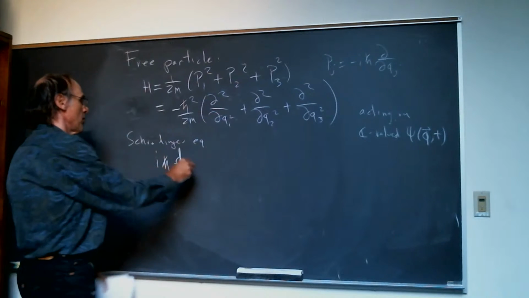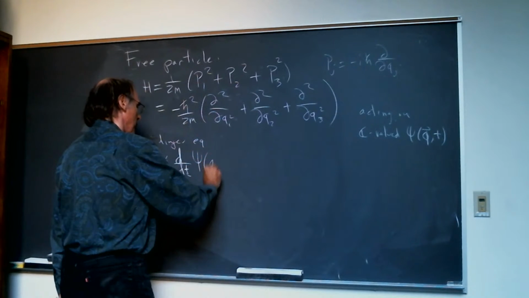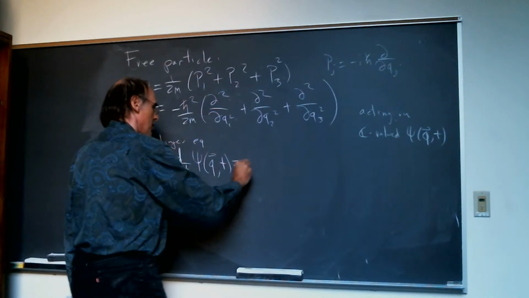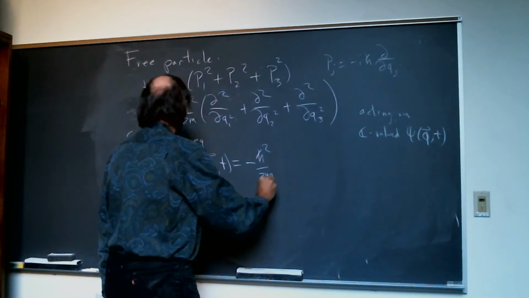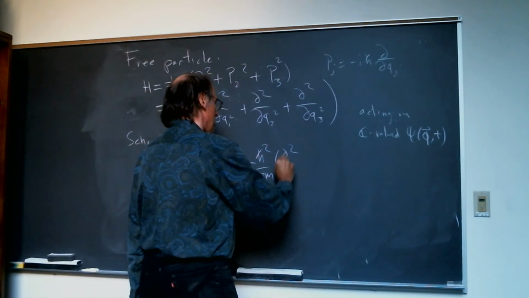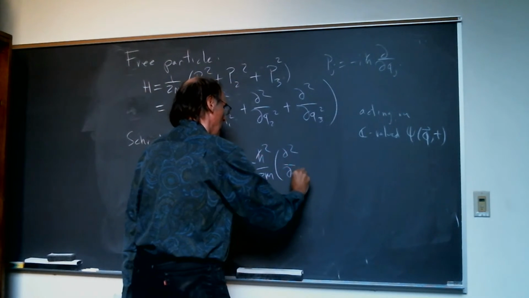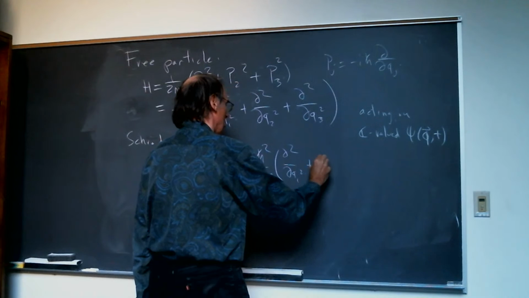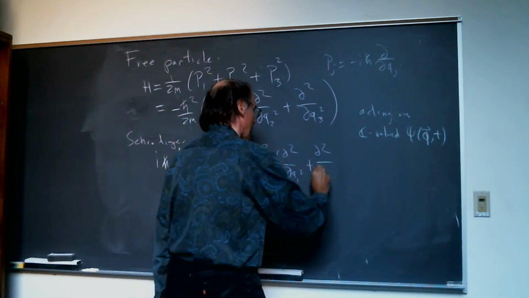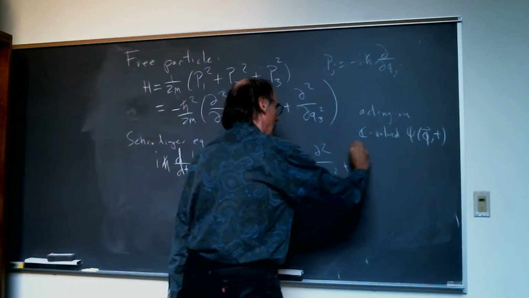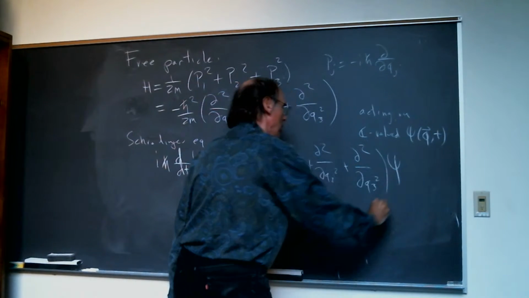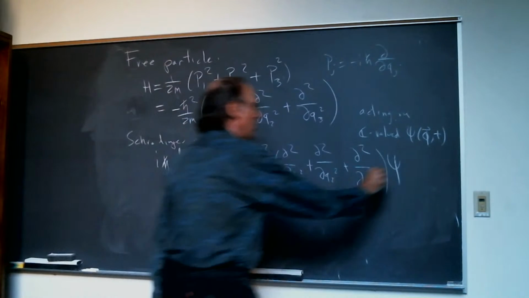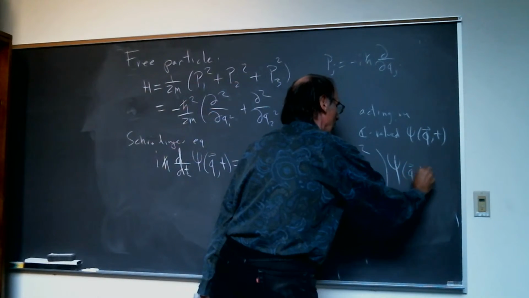So i h bar d psi/dt of Q vector and T is minus h bar squared over 2m times d squared/dq squared of psi.